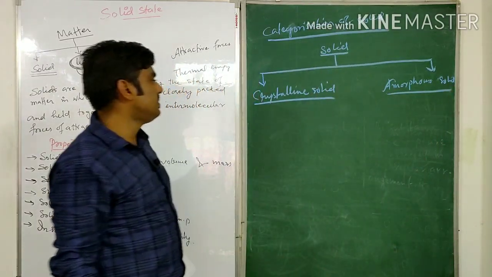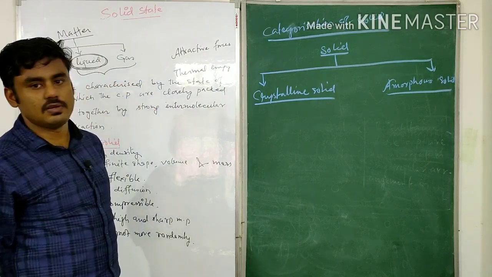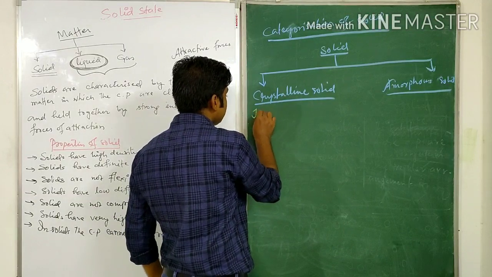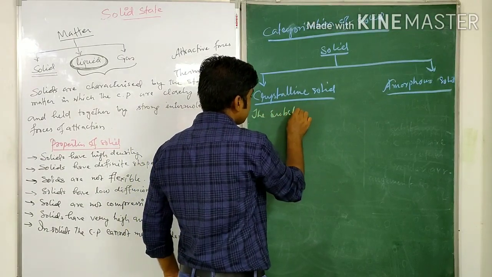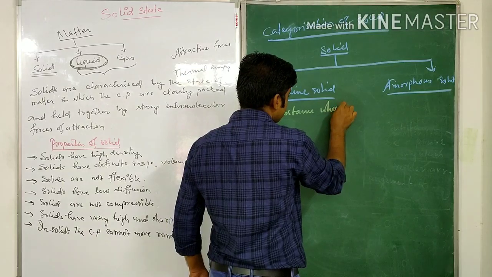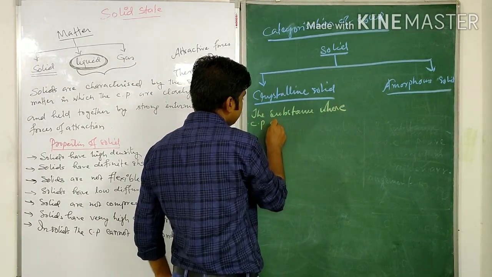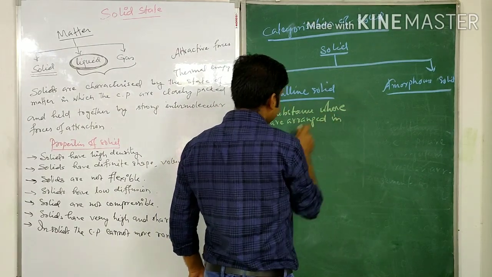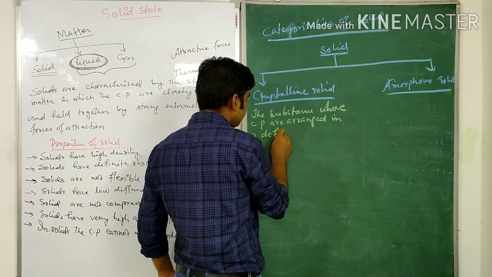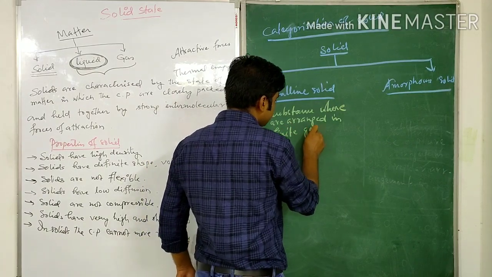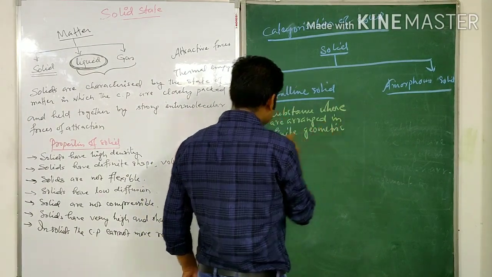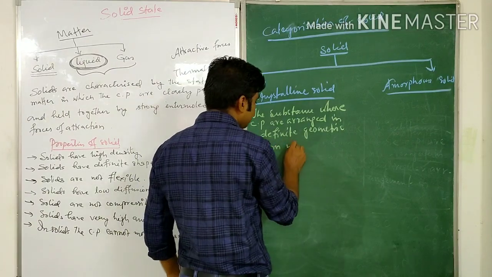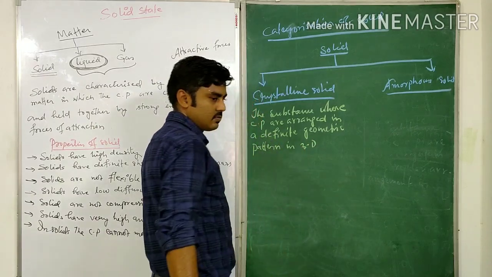First of all, I will define the crystalline solids and amorphous solids. After that, I will explain. Crystalline solids are the substances whose constituent particles are arranged in a definite geometric pattern in three dimensions, that is 3D.